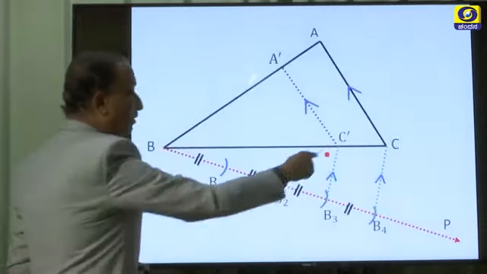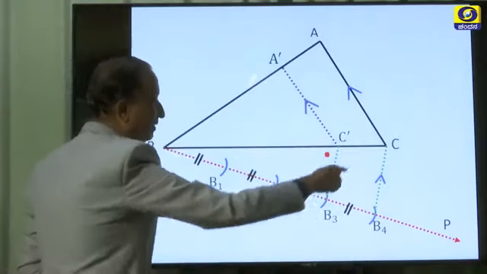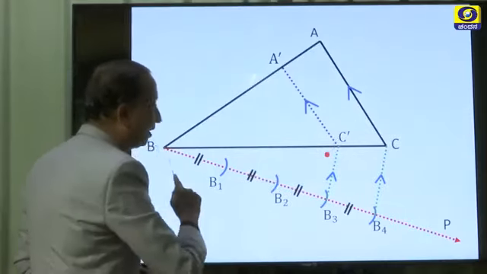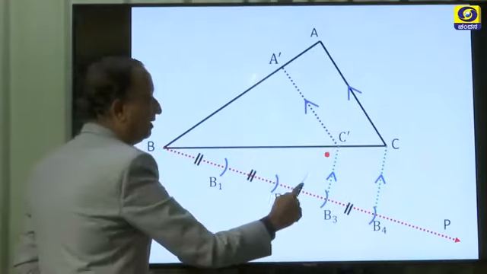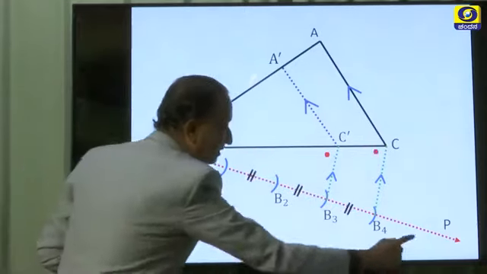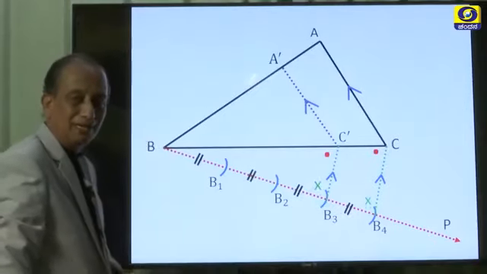Now here also, in the bottom side, you see that C dash B3 is parallel to CB4. Therefore, once you consider this as the transversal, then this and this become corresponding angles. If you consider this side as the transversal, this angle and this angle become corresponding angles.